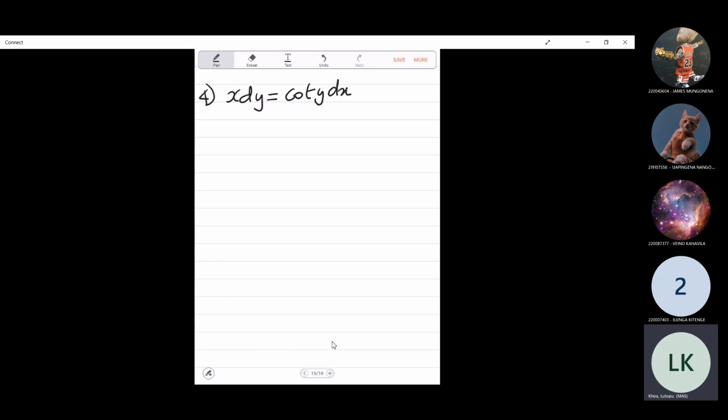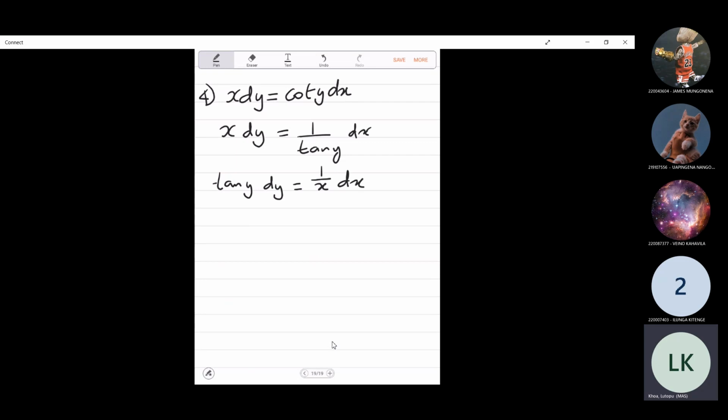So rewriting this, we'll have x dy is equal to 1 over tan y dx. Then I'll multiply by tan y on both sides and divide by x on both sides. So I'll have tan y dy equal to 1 over x dx.